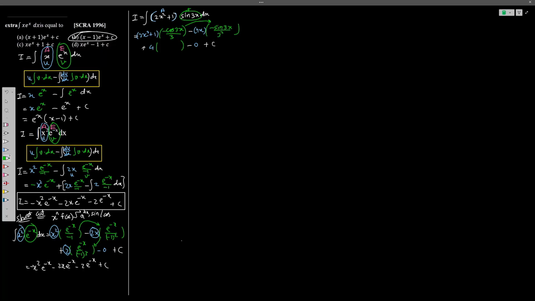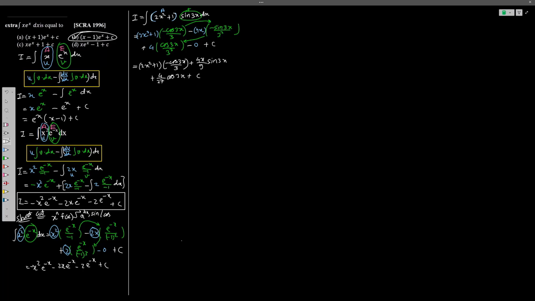One 3 was there, integrating a second time brings the second 3. Integrate the same bracket again: cos 3x by 3 cube. So finally we will get 2x square plus 1 minus cos 3x by 3. Then minus minus become plus. 4x by 9 sine 3x, and here we'll get plus 4 by 27 cos 3x plus c.